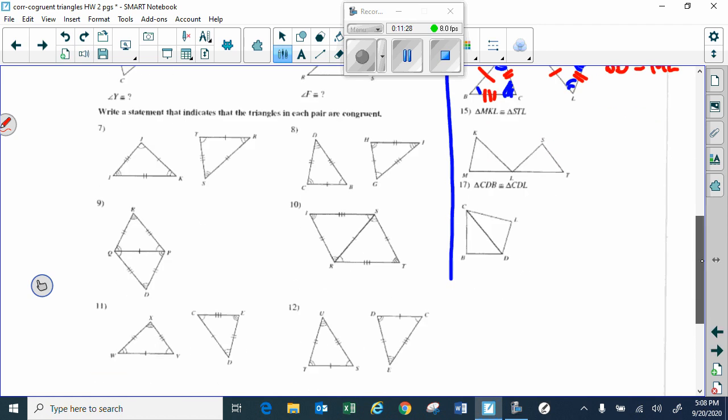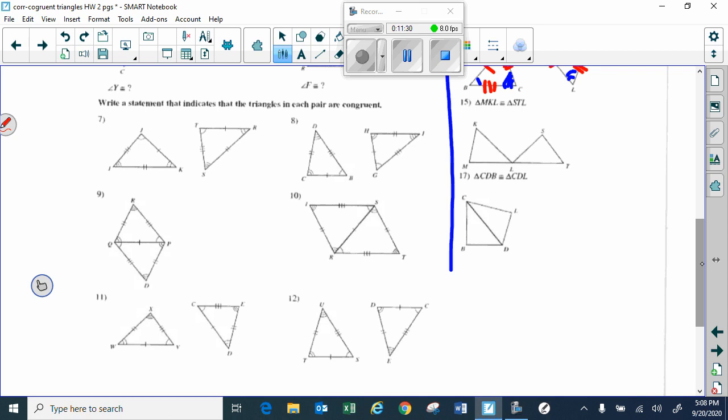All right, lastly, write the congruent statement that shows that the triangles in each pair are congruent. We'll do number 9. Okay, so I'm going to write a triangle. And then you can choose the order. There's no set order you have to do, and you don't have to do alphabetical order. You can choose it.